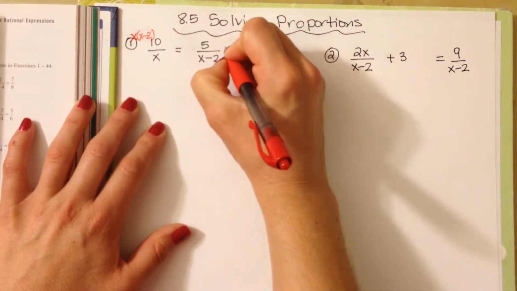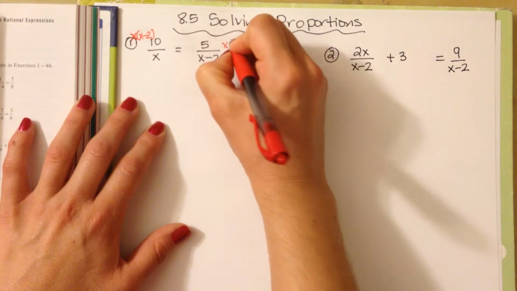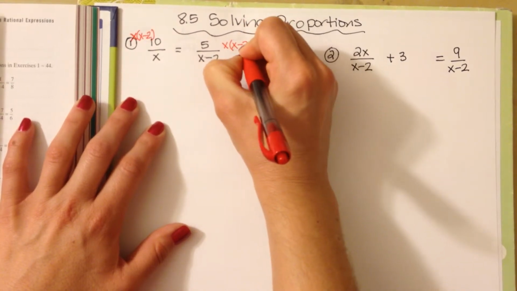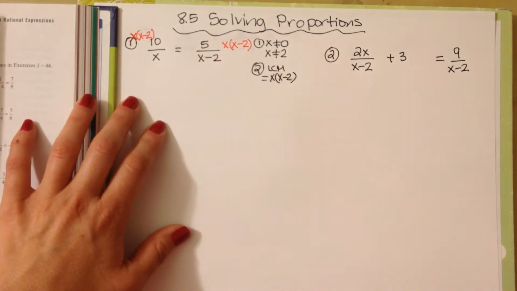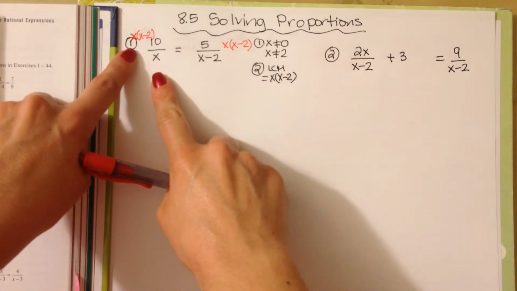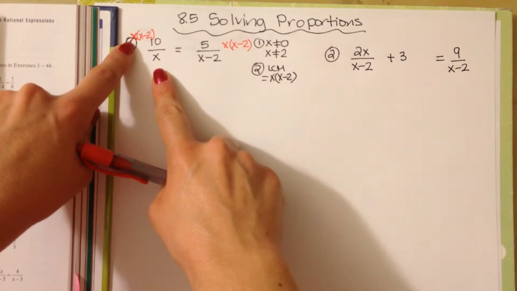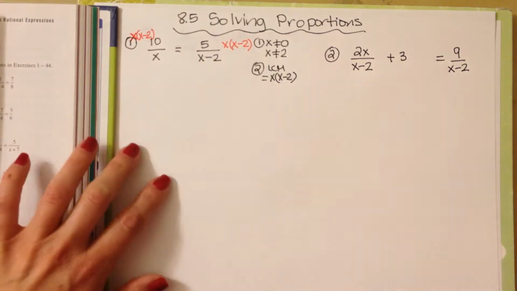Make sure you multiply both sides by the same exact quantity.